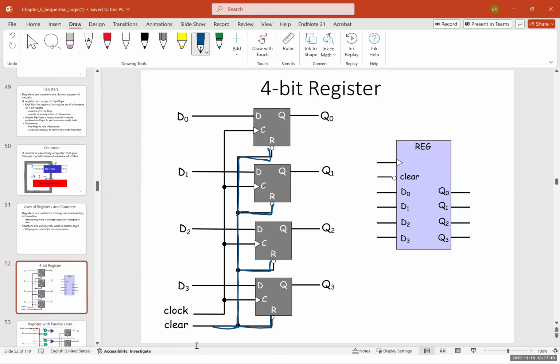And all the clocks are connected together. Therefore, we have a synchronous system because all our clocks are connected to a central clock. The data are D0, D1, D2, and D3 going to the input and being stored as Q0, Q1, Q2, and Q3. Usually, these 4-bit registers are built in a single IC. We can have 4-bit, 8-bit registers. If we have an 8-bit register, it means it could store 1 byte of data. 8 bits is 1 byte. Okay.